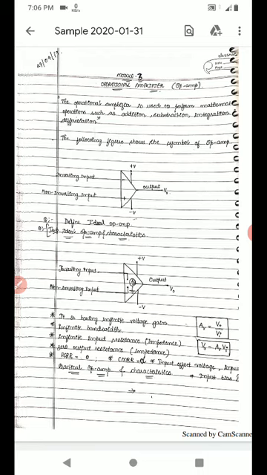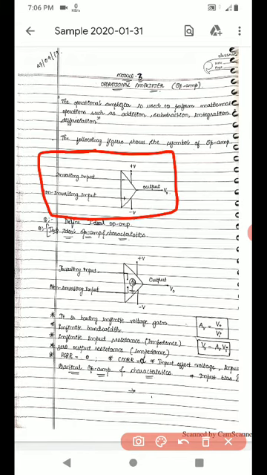Now coming to the structure of the operational amplifier. This block diagram is the operational amplifier circuit or symbolic representation of the op-amp. Here in this op-amp it will have two input terminals. This is one and this one is second, and it has one output.